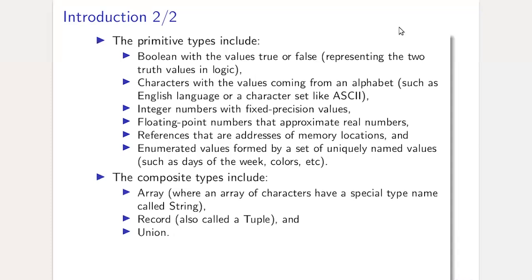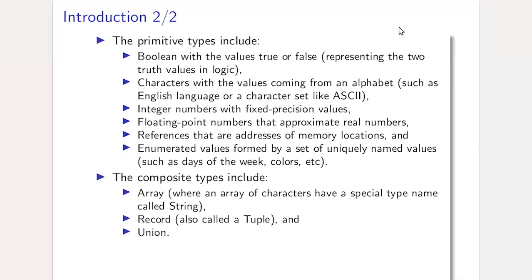And the record data type, which puts together types of different values. So one important thing about array is, in an array, all the elements are of the same data type. In a record, that is also another collection of values, but they could be of different types.